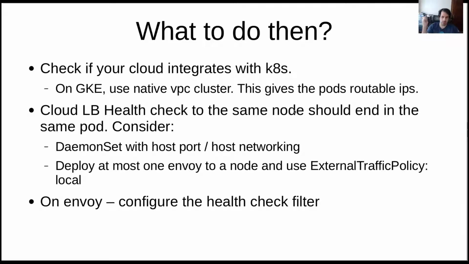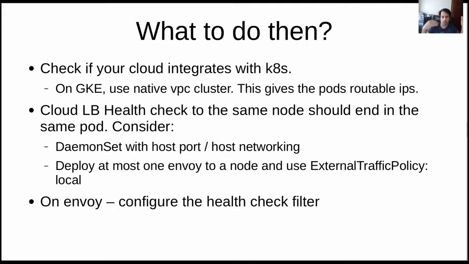Another option is that if you have to use a node port, you kind of have to make sure that the association of a Kubernetes node to an edge gateway pod to Envoy is 1-to-1, right?